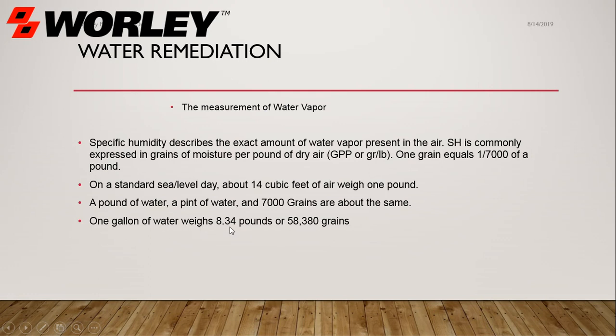Gallon of water weighs 8.34 pounds or 58,380 grains. So the grains is important to know because our dehumidifiers, they're registered on how many grains they can remove in a day.